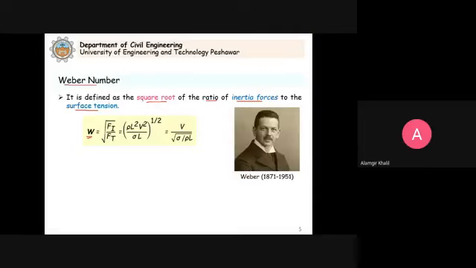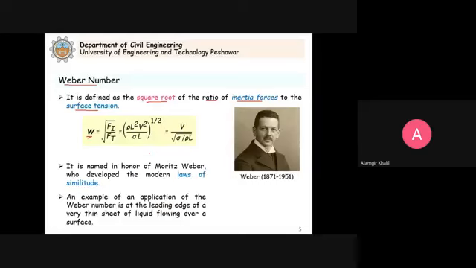It does not mean that you have to consider all of them in the same problem. Now for this Weber number, if you put in the expressions for the inertia force and the surface tension, then we get this expression here. Clear?